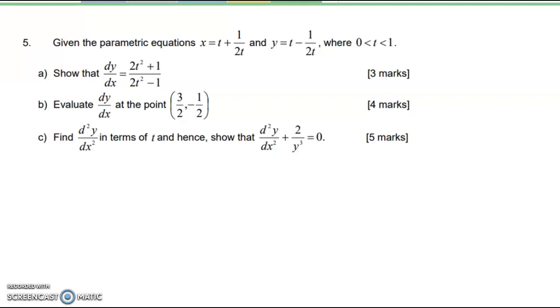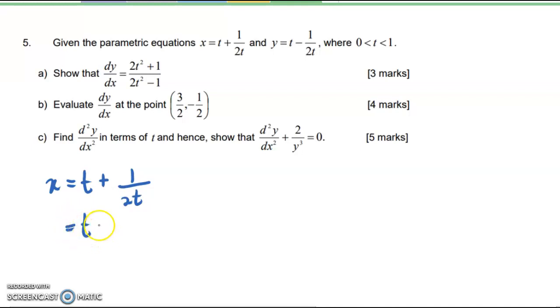Okay, parametric equation. Okay, there are parametric differentiation. So now we have x equals t plus 1 over 2t. So we are going to find dx/dt. Okay, kat sini 1 over 2t. We are going to bring up t.